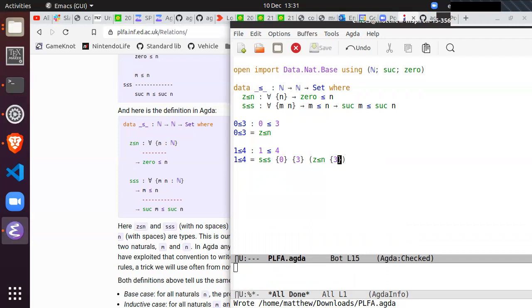There's a couple more issues, I suppose. One is, how do we know that what we've defined is actually a less than or equal relation on natural numbers? It's something that you have to take care of or think about whenever you're doing interactive theorem proving: that what you're writing, what you're formalizing, is what you mean to formalize.